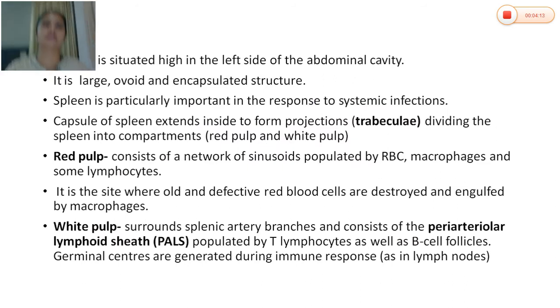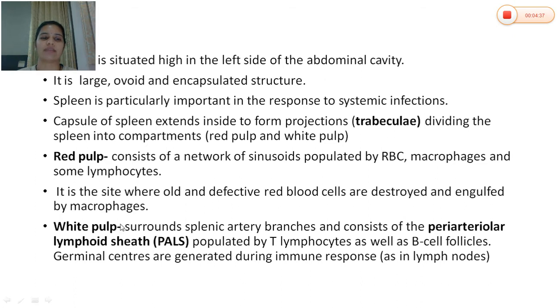The red pulp consists of a network of sinuses or sinusoids populated by RBCs, macrophages and some lymphocytes. It is the site where old and defective RBCs are destroyed and engulfed by the macrophages. So you rightly remember, the spleen is the graveyard of RBCs.